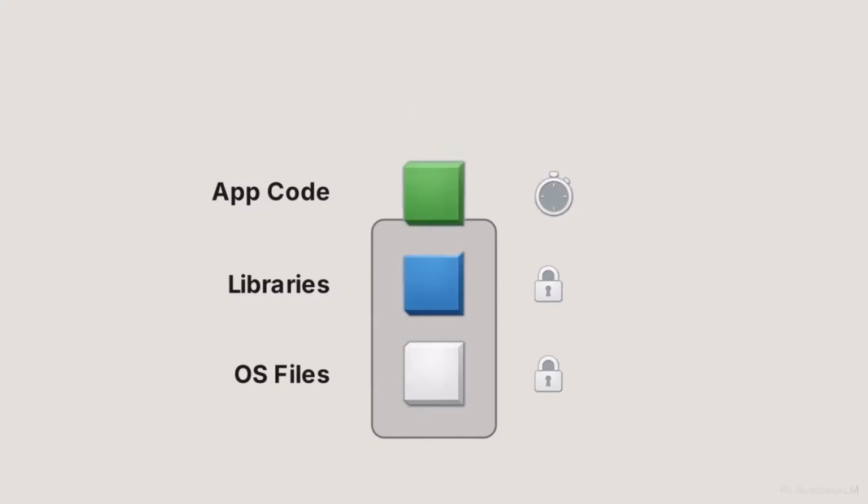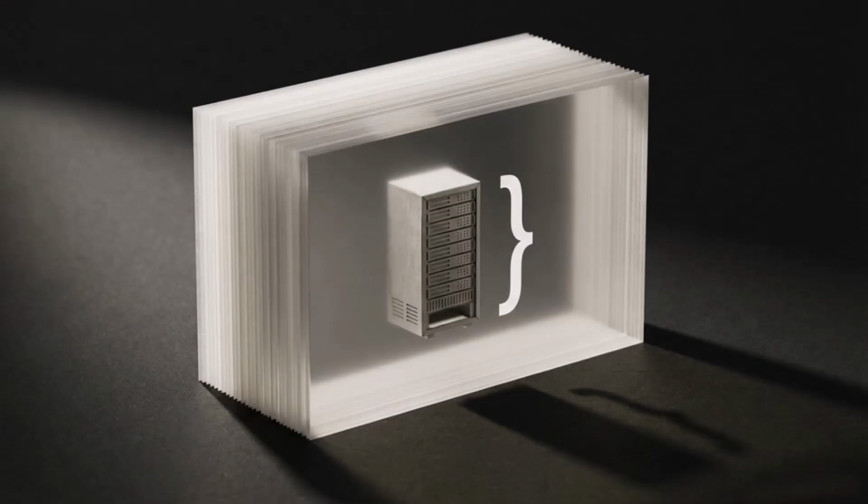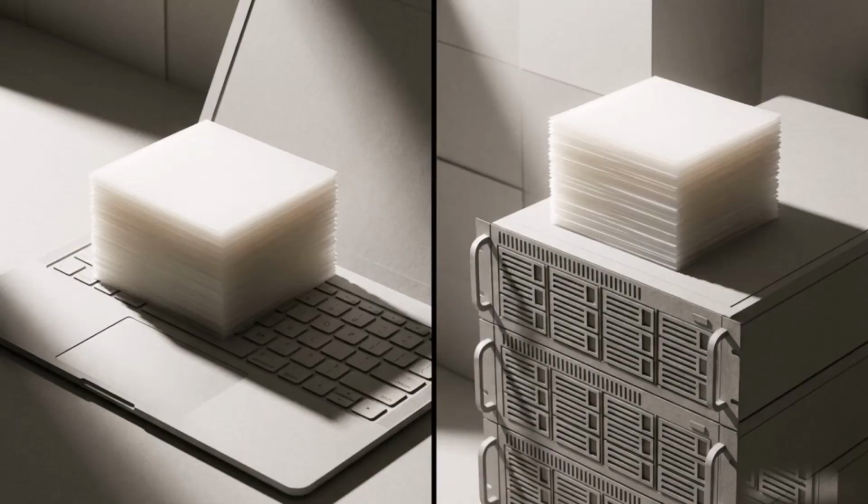If code changes, only the top layer updates. Heavy base layers remain frozen, rebuilding the application in seconds. Because this image is a frozen snapshot, it carries the exact required environment wherever it goes. The version used by the developer is identical to the one that runs on the server.